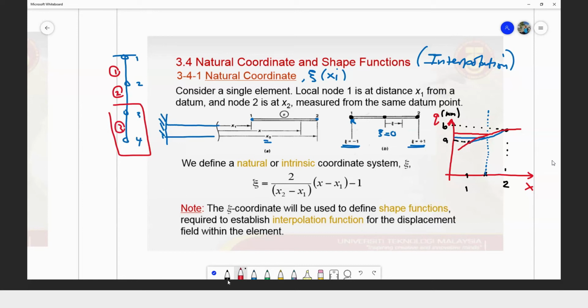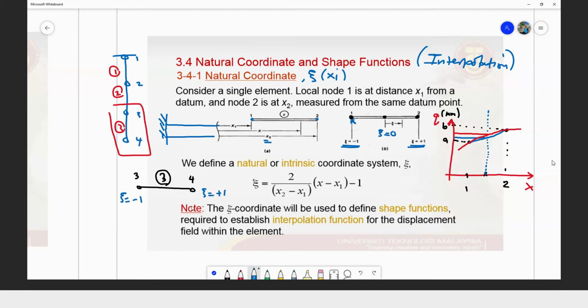Then if I redraw the element number 3, which is connected within nodes 3 and 4. So this is my node number 3. So in terms of dia punya coordinate, natural coordinates dia is always -1 on the left hand side and equal to +1 on the right hand side.